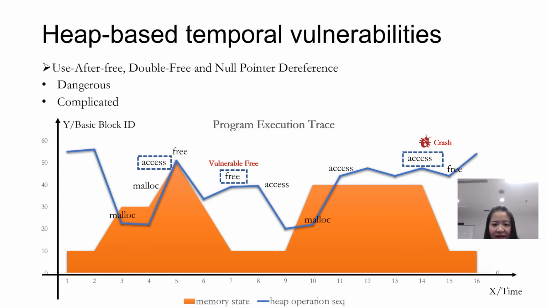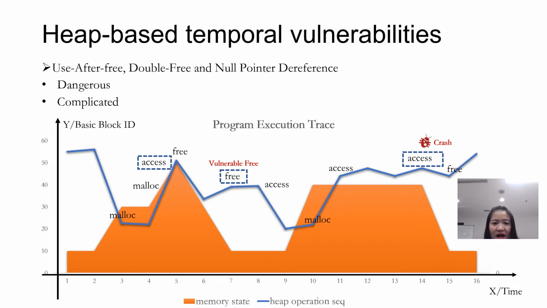The y-axis is the basic block ID, and the x-axis represents the time. The blue line in the figure represents the executed heap operation sequence, and the orange block represents the heap memory state, which changes with the heap operations, including malloc and free.